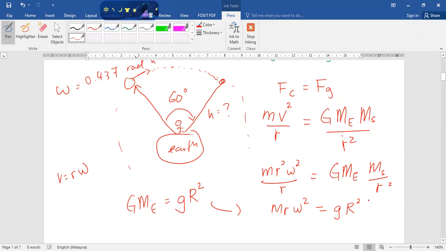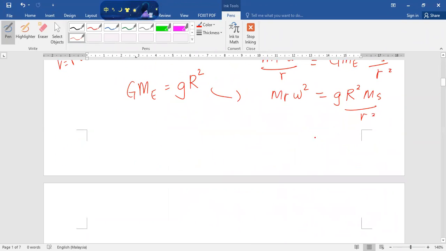Okay, R is the radius of the Earth, times the mass of the satellite over r squared. So we get that r cubed will be equal to, the m is the m satellite, and the m satellite can cancel each other. So at the end, we get g R squared over omega squared.